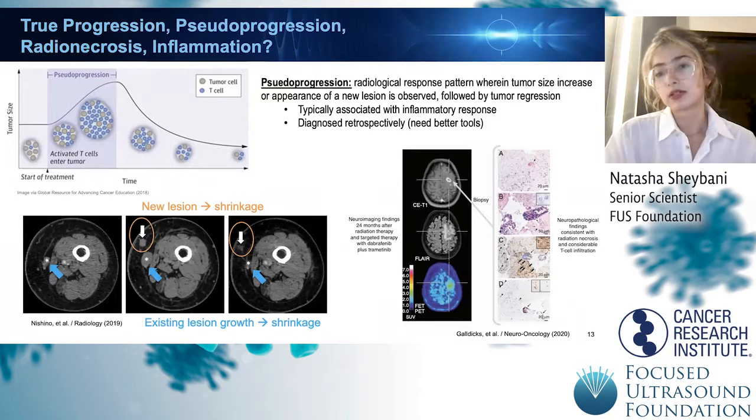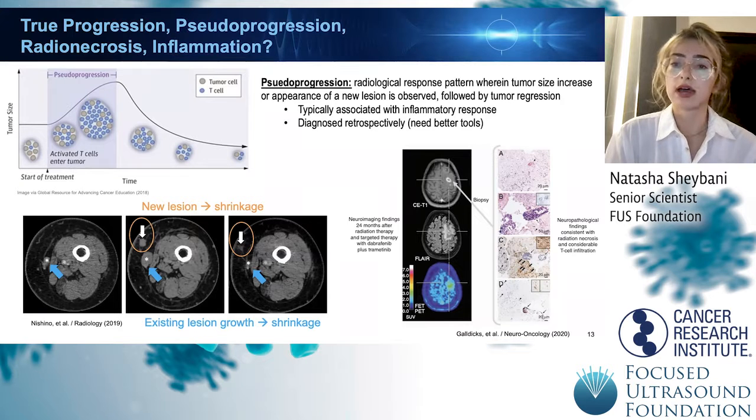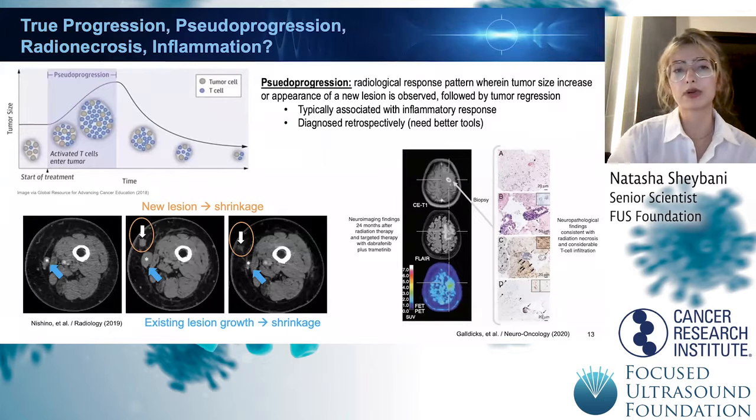Whereas the MRI signal here suggested recurrence, PET imaging actually showed pretty insignificant uptake, which was ultimately consistent with what was confirmed by biopsy, which was that there were ongoing treatment-related effects like radiation necrosis and T-cell infiltration that at first glance may have looked like tumor progression. And so these are very important considerations to think about going forward.